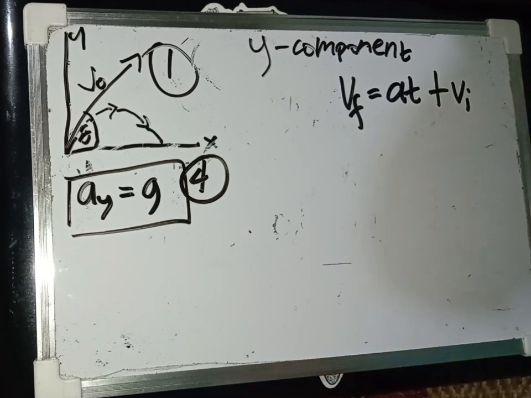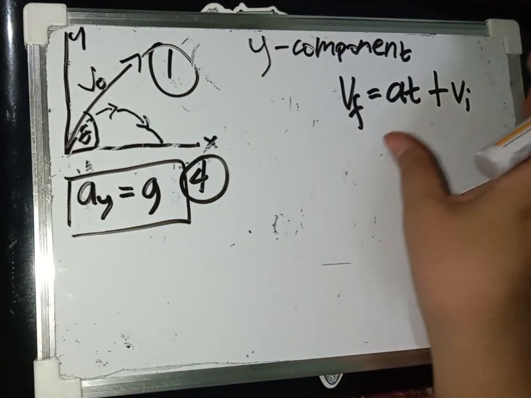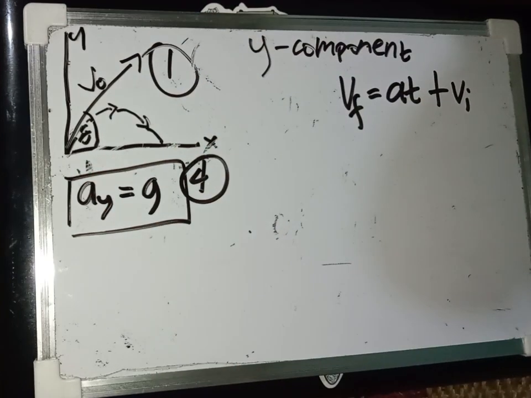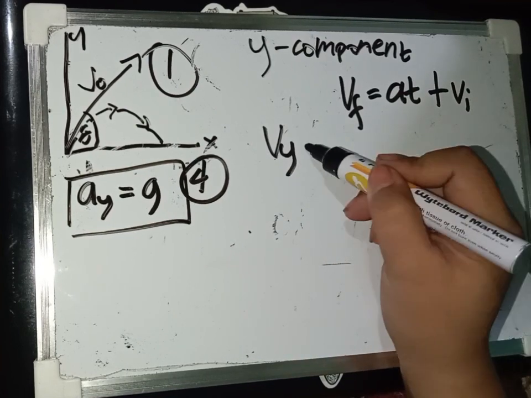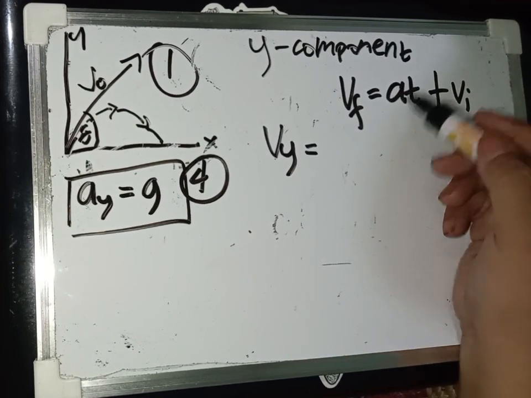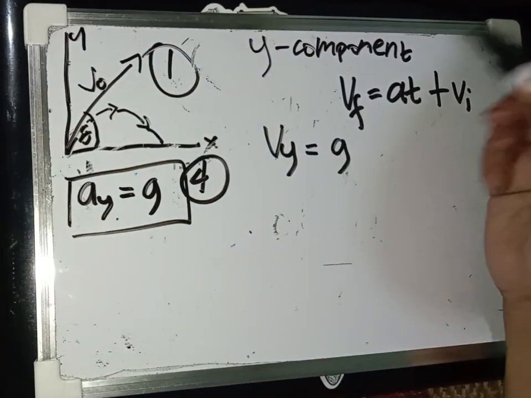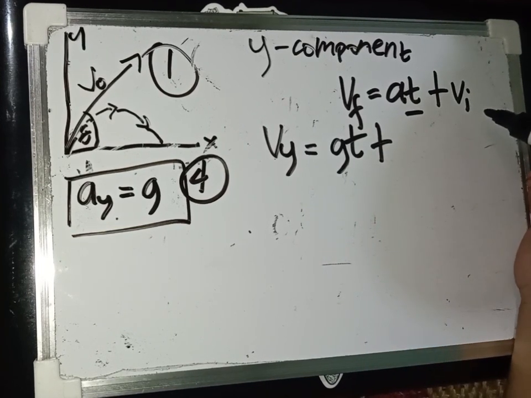At the same time, we translate the variables based on the projectile graph given here. So for the v sub f, you will have v of y, velocity at the y component, is equivalent, of course, to the acceleration at the y component, that is g, multiplied by time, plus the initial velocity.